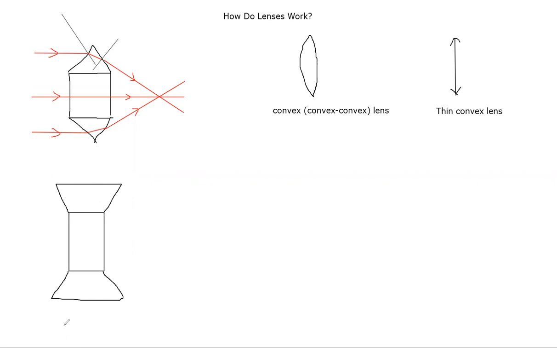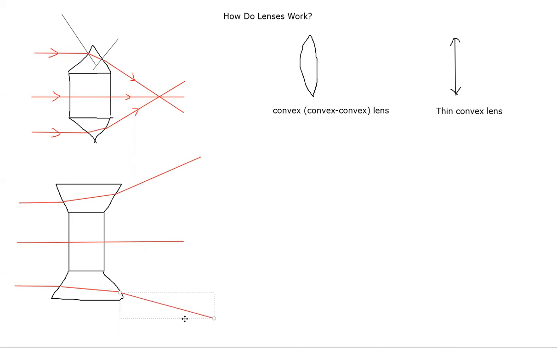If you follow the light, the light coming through the middle will obviously go right through. The light coming through this one will bend towards the base of the trapezoid, the larger base, so that light will end up being diverted like that, and the light coming from here will also be diverted somewhat like that.